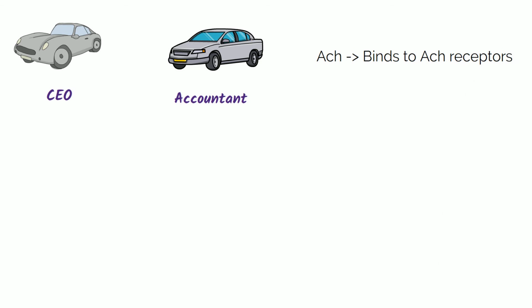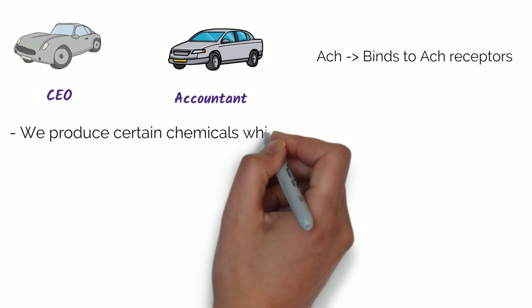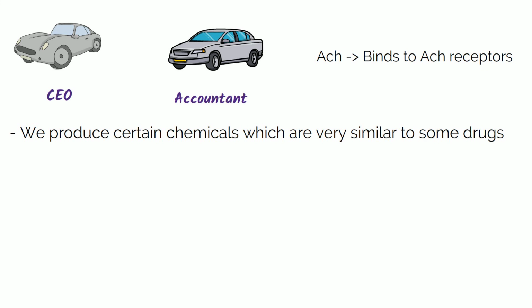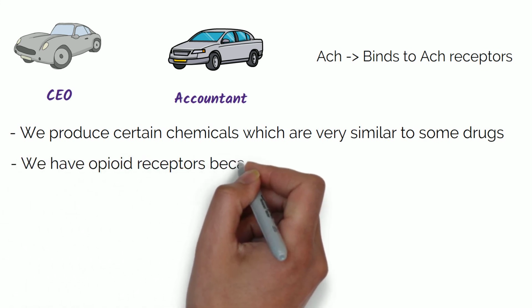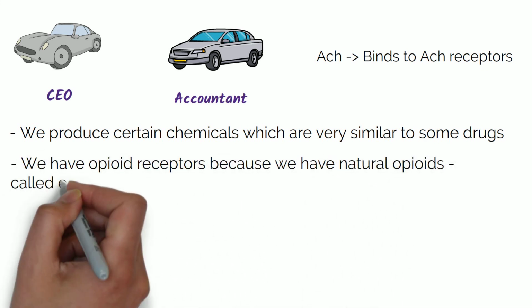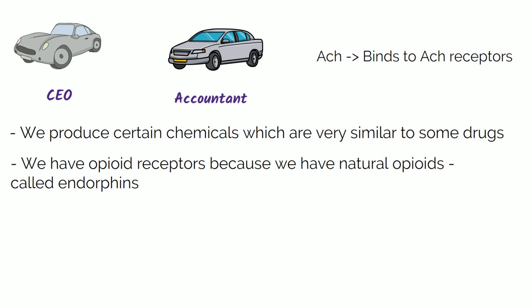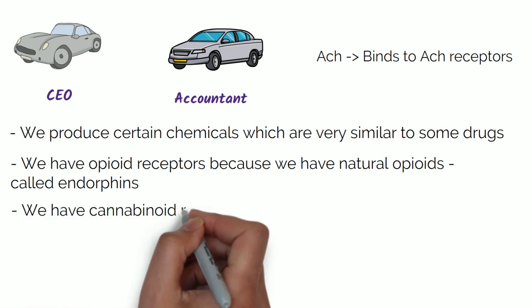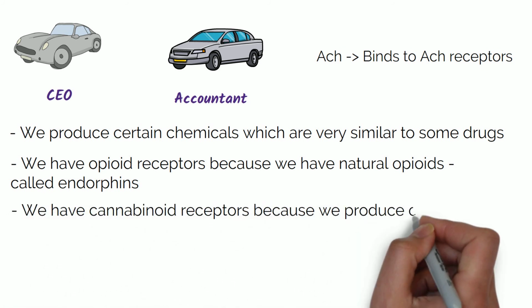See, we have loads of different receptors in our bodies, and we produce certain chemicals which are very similar to some drugs. So we've got opioid receptors because we produce natural opioids such as endorphins in our bodies. We've got cannabinoid receptors because we produce endocannabinoids.